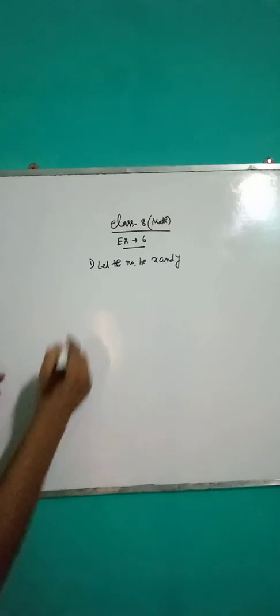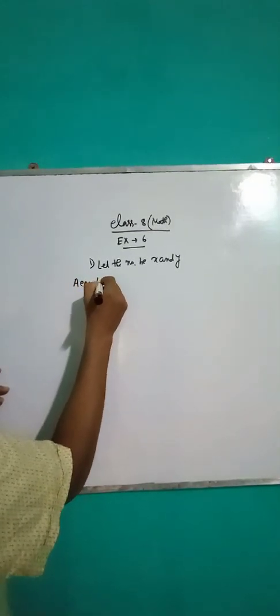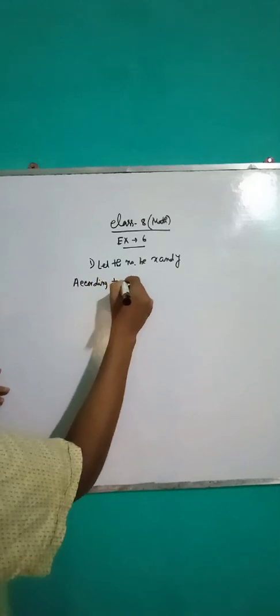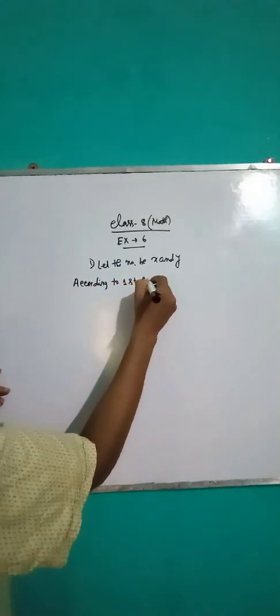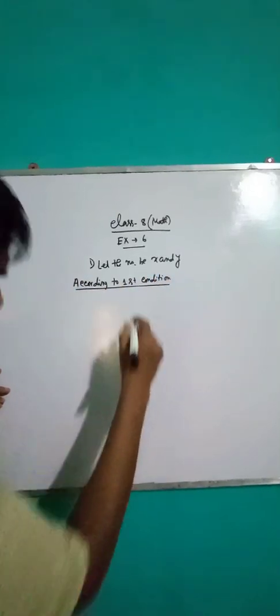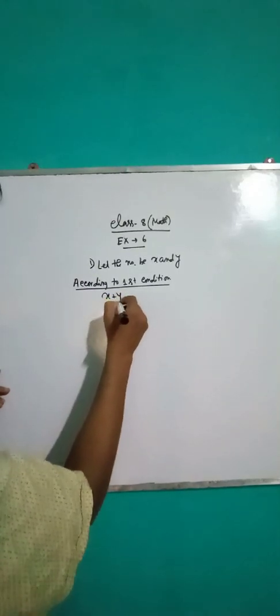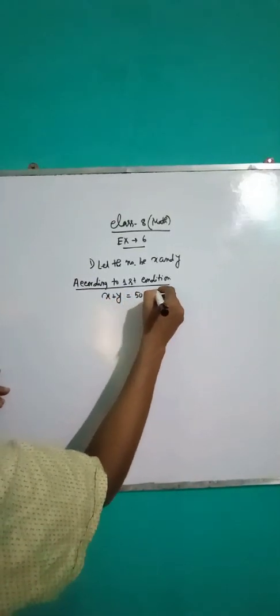According to the first condition, the sum of the two numbers, x plus y, is equal to 50. Number 1.